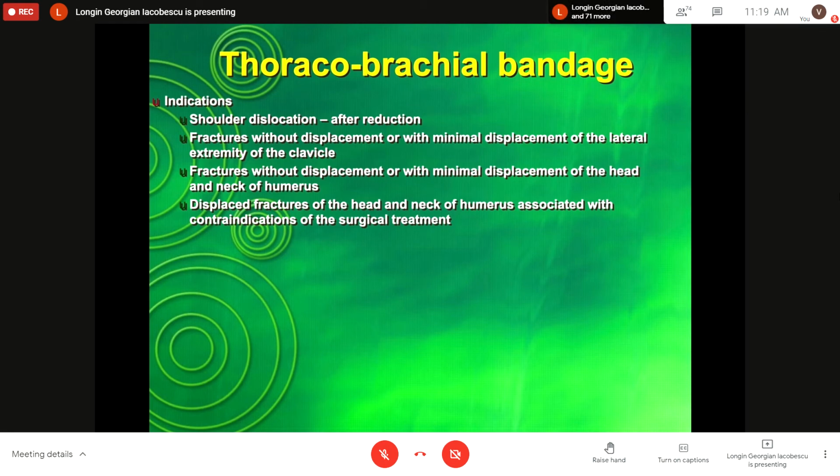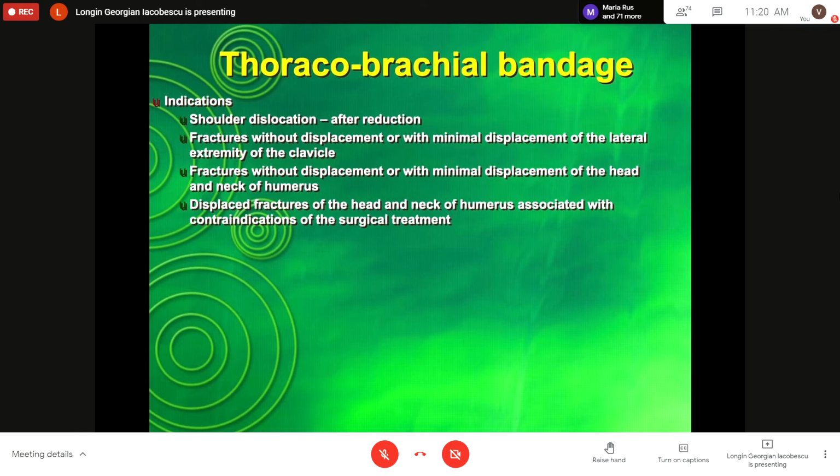Afterwards, we have to classify the type of fracture or the type of problem through the specific classifications. In this case, for the proximal part of the humerus, the most commonly used nowadays is the Neer classification, because the role of the classification is to show us the type of treatment that we have to apply.